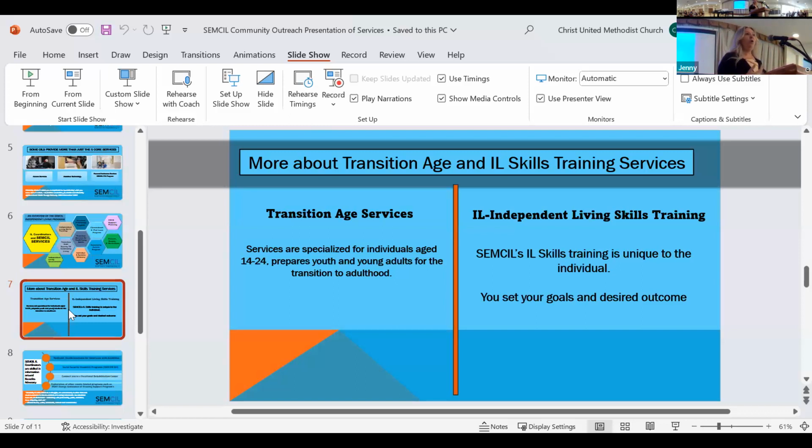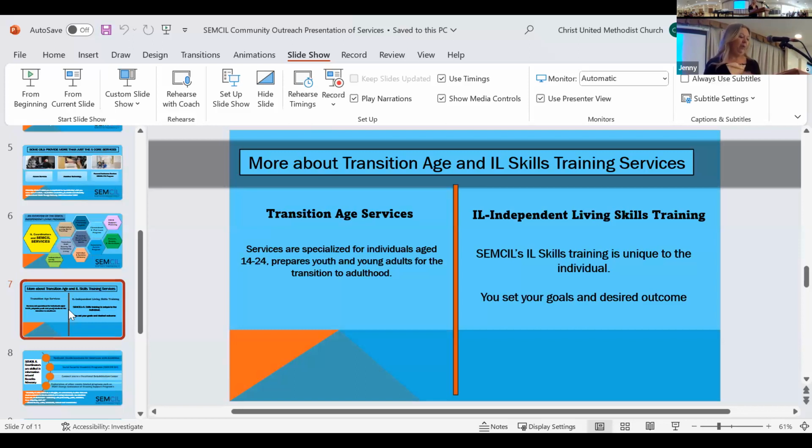It could be in their home, it could be out in the community, at the library, it could be at SEMCIL. We're in the schools meeting individuals as well, kids. So it can be group settings. During the summer, we have transition age programs where we do classes. We have a big program during the summer, so that's a group setting. But we do a lot of one-on-one with individuals as well. And then, like I said, we can meet you where you need to be met. So we travel. That's important for individuals.